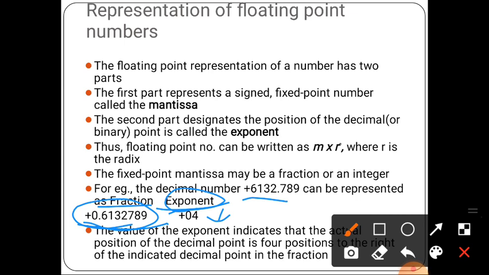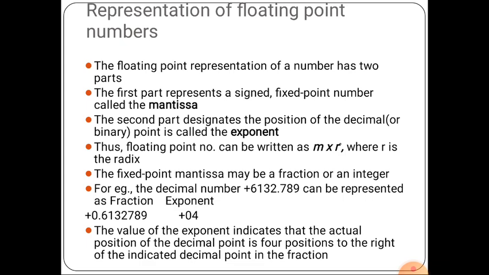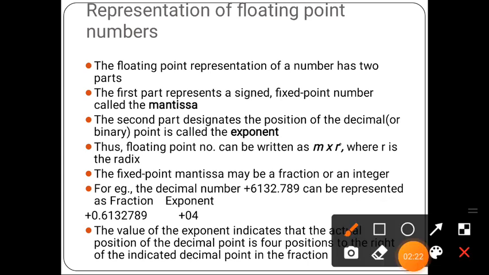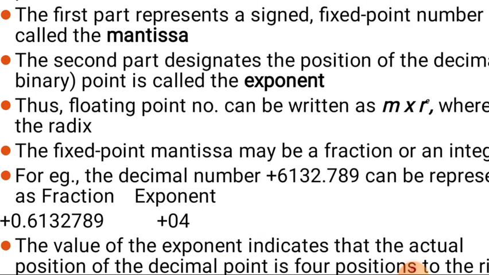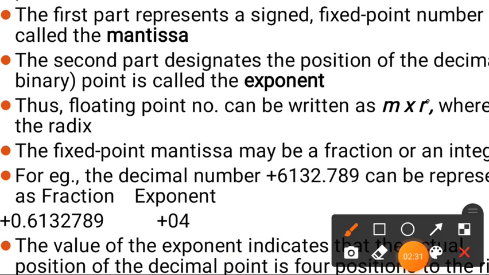So the value of the exponent indicates the actual position of the decimal point. Here the actual position of the decimal point is 4 positions to the right of the indicated decimal point in the fraction. The fraction's decimal point is indicated here, and the exponent is indicated as plus 4.